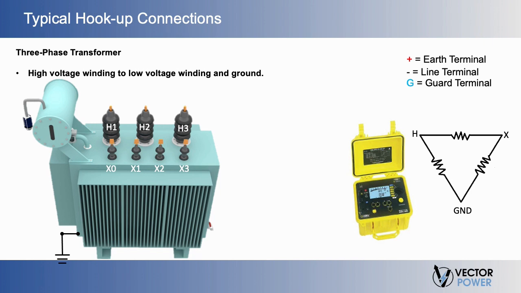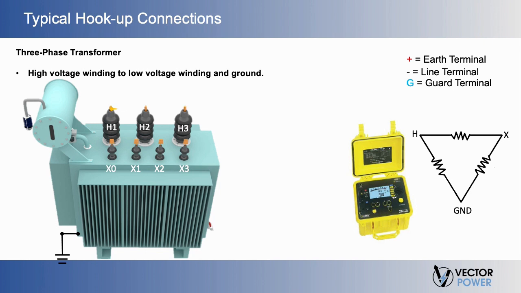Under the electrical tests required on a three-phase transformer, either dry type or liquid filled, the International Electrical Testing Association, or NETA, requires insulation resistance tests be performed winding to winding and each winding to ground. To perform the high voltage winding to low voltage winding and ground test, connect the Megohmmeter as follows. 1.